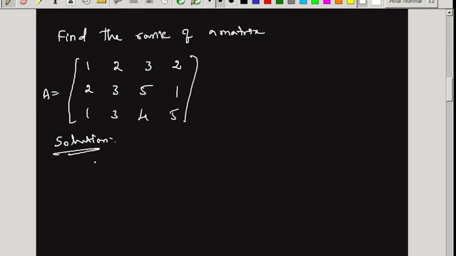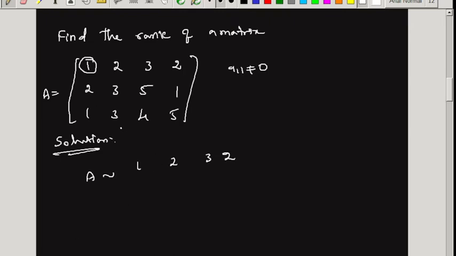We do the modification. So first row, we must check that A11 is not equal to 0. So here A11 is not equal to 0. Then we write the first row as it is, 1 2 3 2.